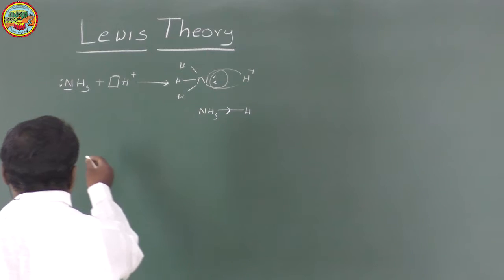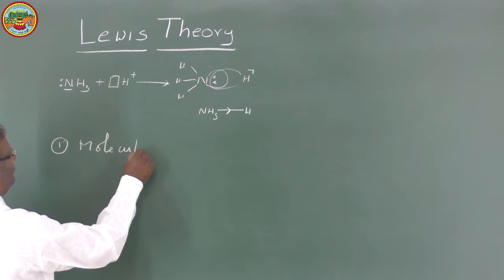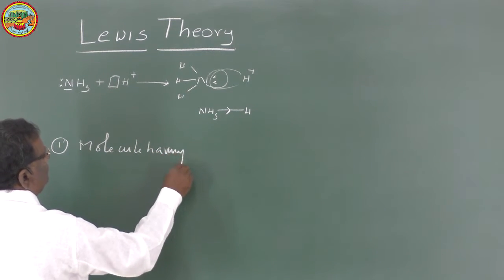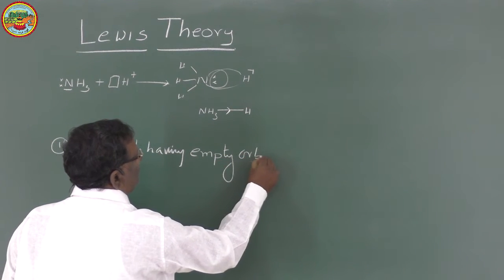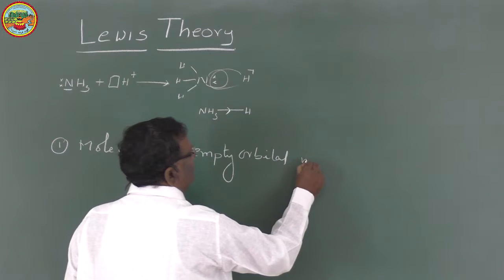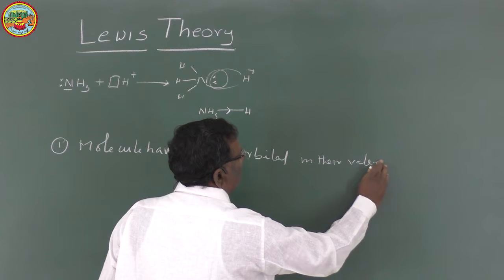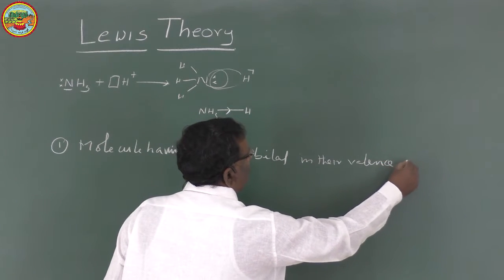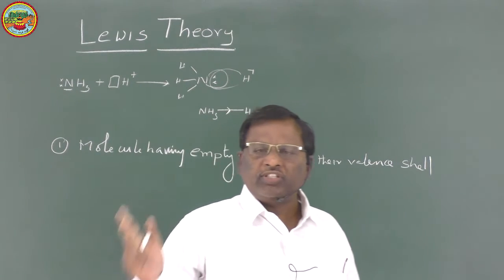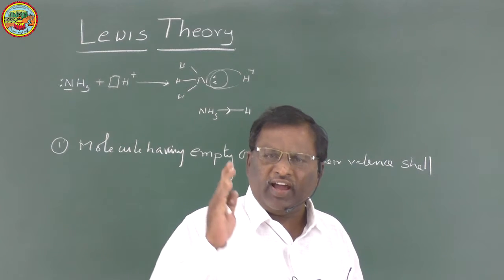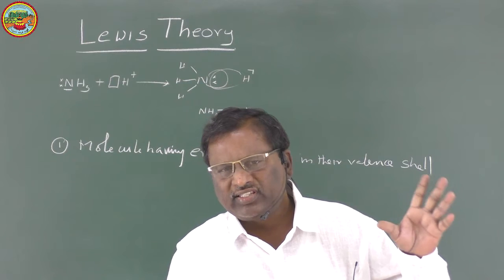Number one, molecules having an empty orbital in their valency shell. Those molecules which have an empty orbital in the valency shell of their central atom are considered as acids according to Lewis theory.